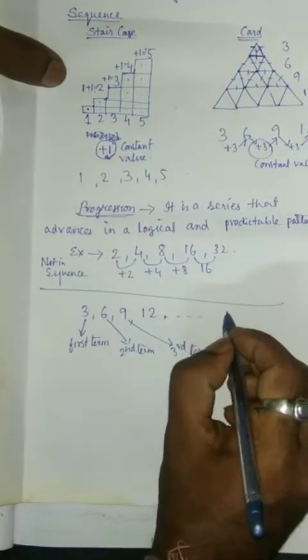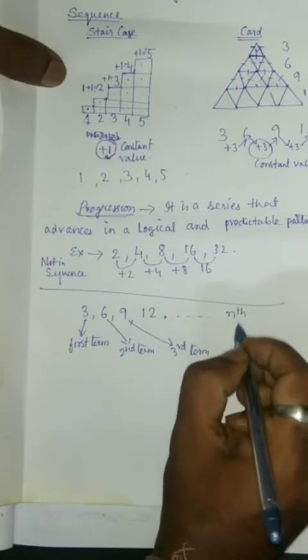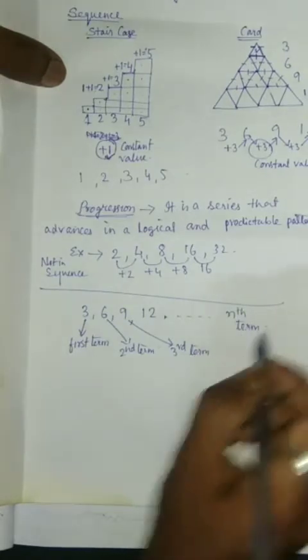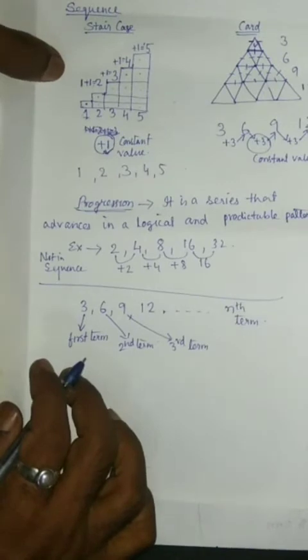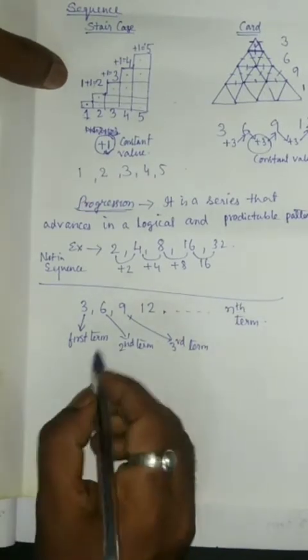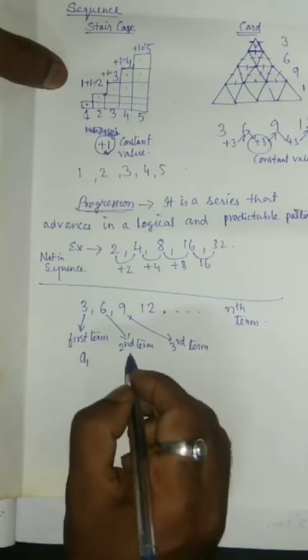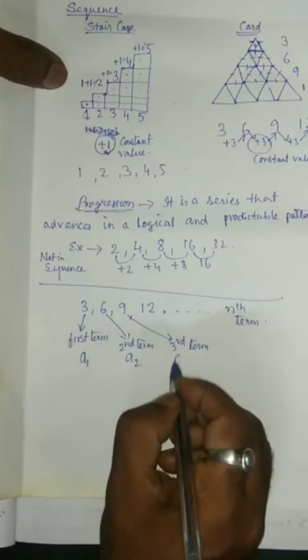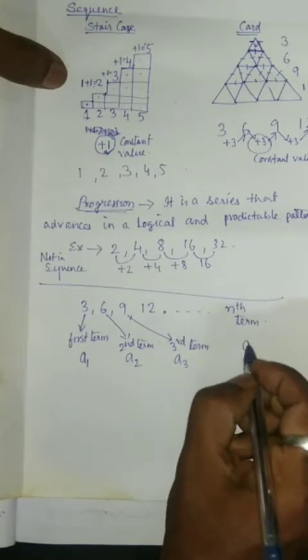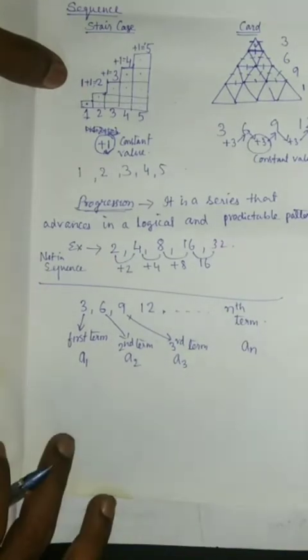And our last value is called the nth term. First term is denoted by A1. Second term is denoted by A2, A3, and our last term is denoted by An.